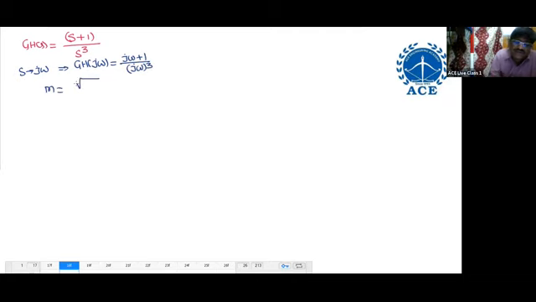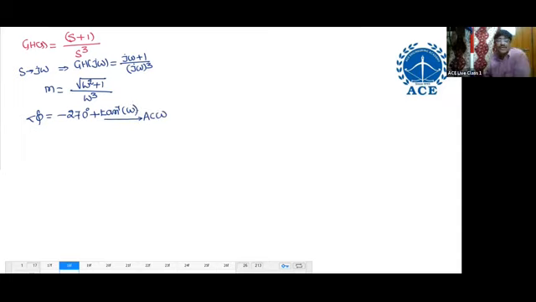Magnitude is root of omega square plus 1 by omega cube. Phase angle is minus 270 plus tan inverse omega. What is the direction? Anti-clockwise, because of positive tan. You should not see the constant angle sign; never see the constant angle sign. You see only the tan term sign.